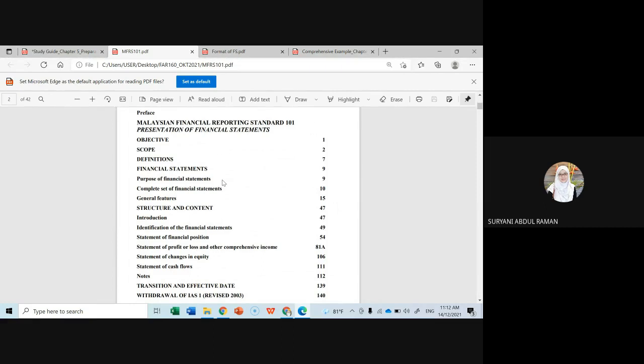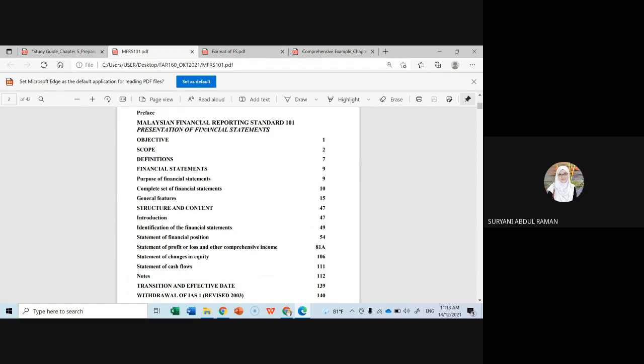As for the public company, since it is registered under the Companies Act, they have to follow the guidelines issued by the MASB. The guideline is called Malaysian Financial Reporting Standard 101. Starting from this semester, you will be introduced to the MFRS.